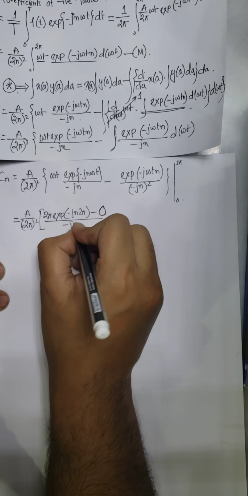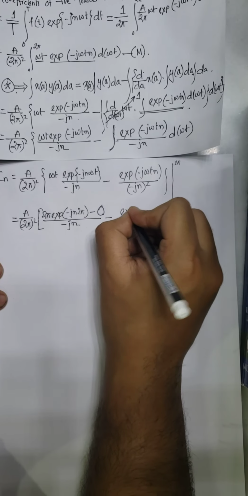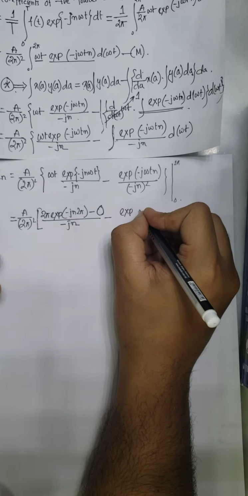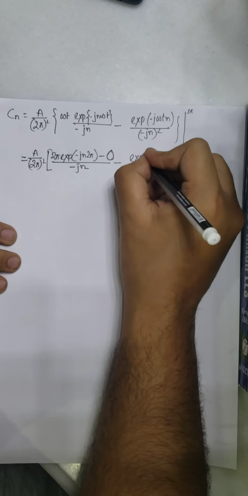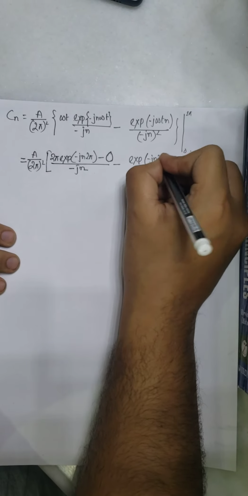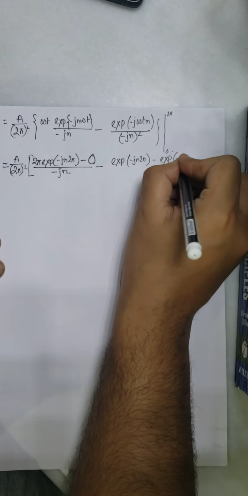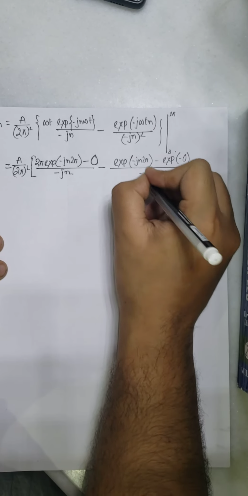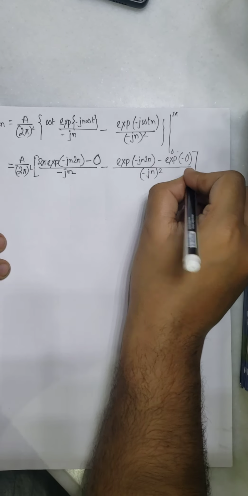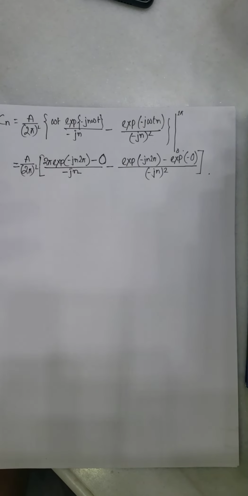Similarly, we also get e to the power minus jn 2 pi minus e to the power minus 0 over minus jn squared. Hope it is clear.